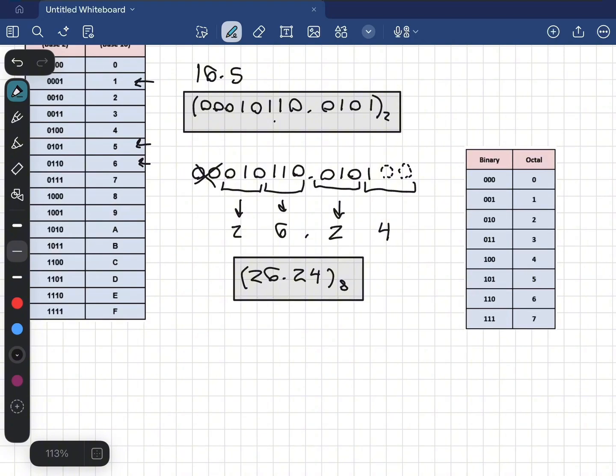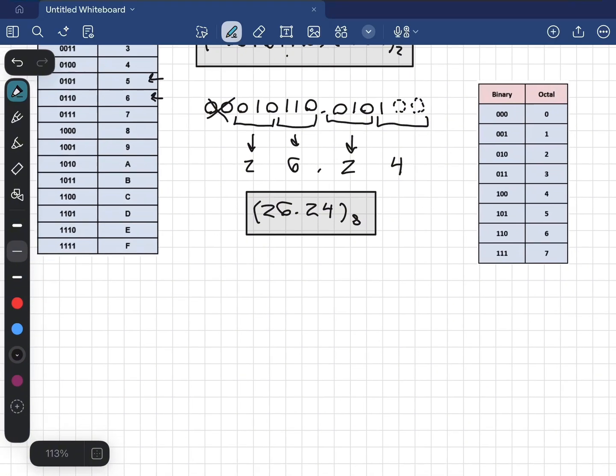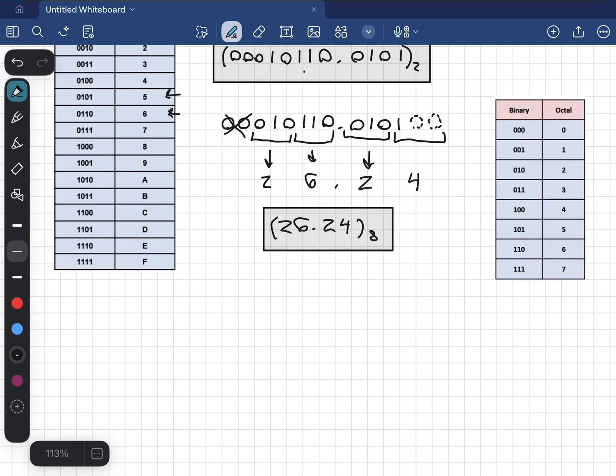And then one final step here, we want to convert it into decimal form. So we will rewrite the binary number out. And we'll use the multiplication.